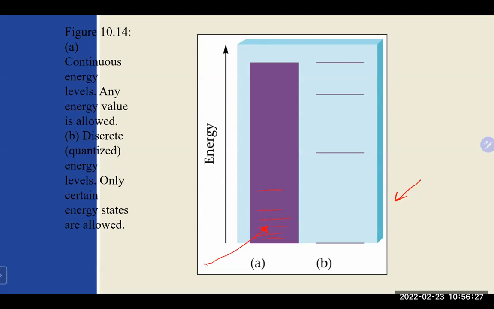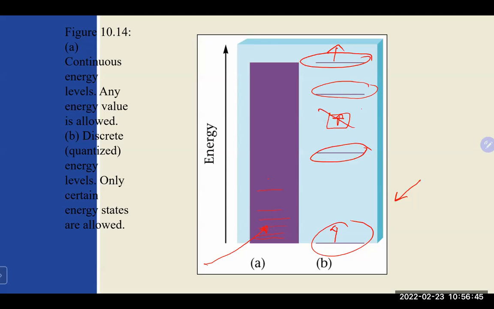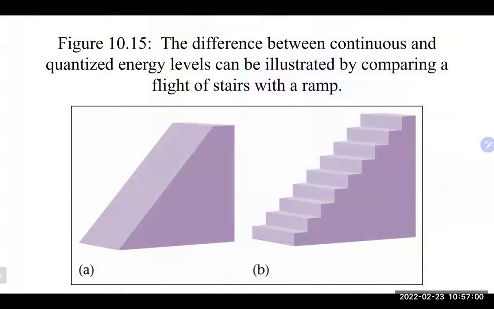That's really the idea of quantized energy: we'll either find the electron here, or maybe here, but we'll never find the electron just hanging out in the middle. It's got to be on one of these energy levels. You can't hang out anywhere on the left because it's a continuous stream of energy being given off. So it's like the ramp explanation. You can stop anywhere along there as you're walking up. And here's the ramp and then prettier stairs.